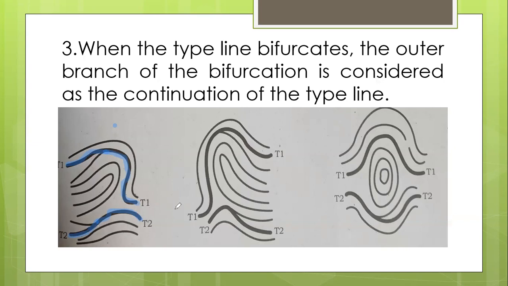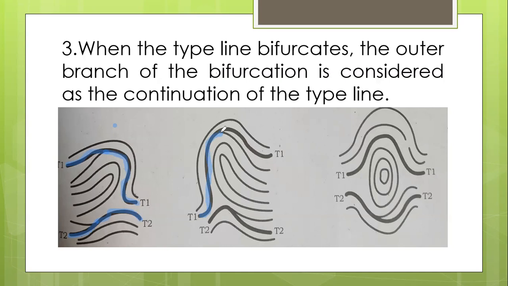On the other example, again, we are looking for the two innermost ridges. This is T1 or type line 1, and type line 2. So, let us trace. We trace it now, and then there is a bifurcation.